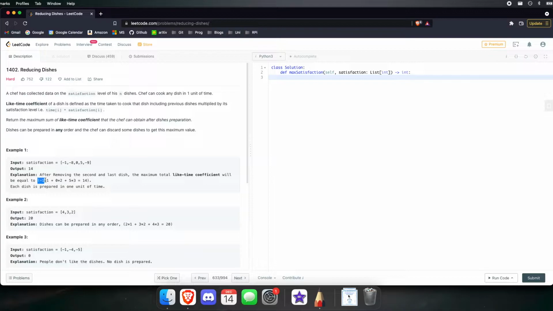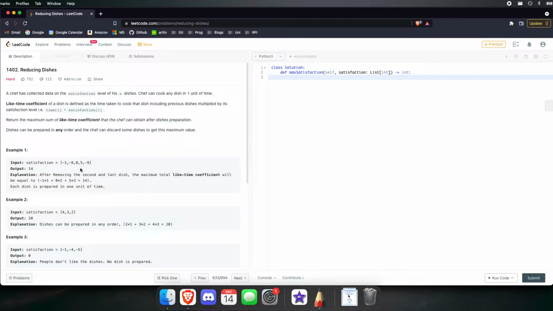So that's -1 times 1. This is the satisfaction, and this is the time that he cooked the dish at. Plus the second dish that the chef decided to cook, which to get this maximum value would be 0. So 0 is the satisfaction level, 2 is the time he cooked it at. So far we have -1 times 1 plus 0 times 2, which is just straight up -1.